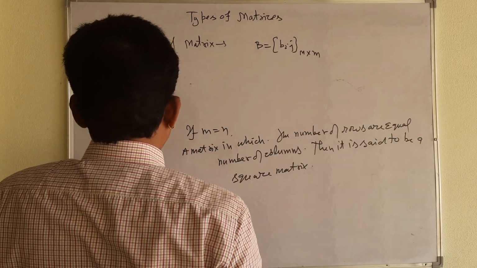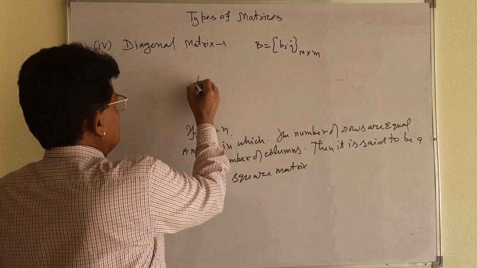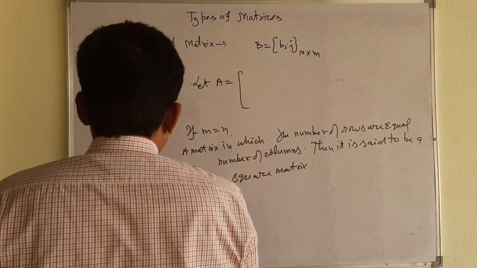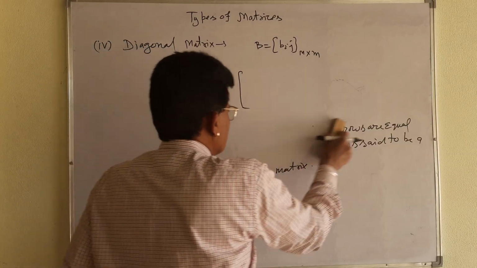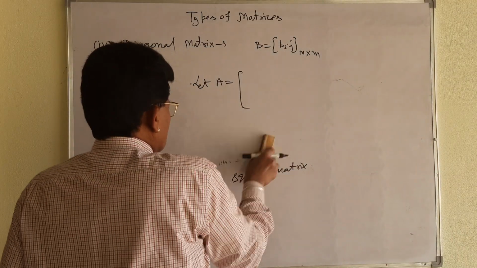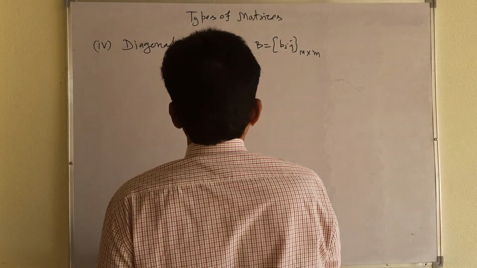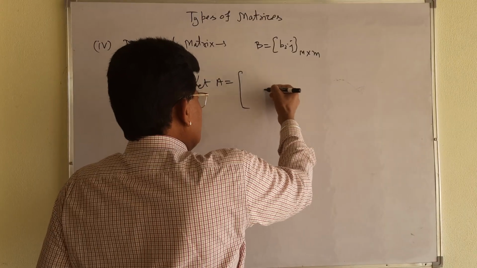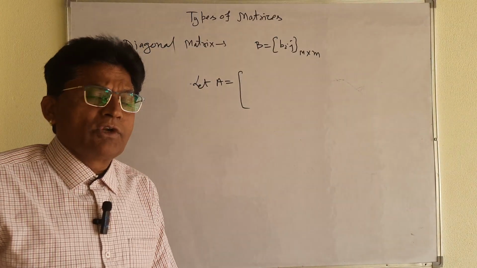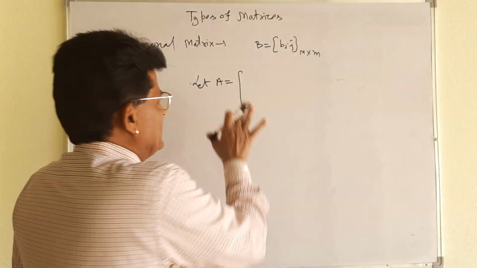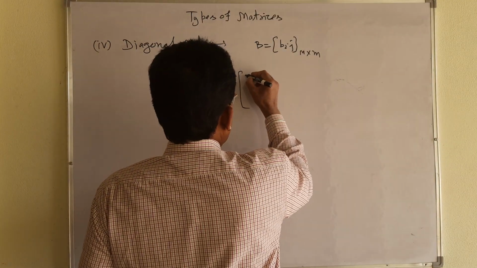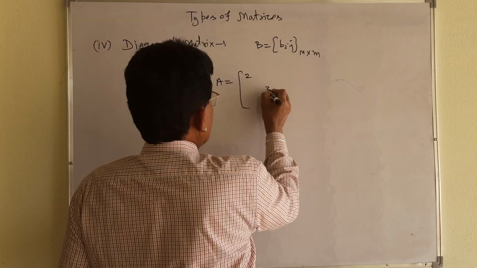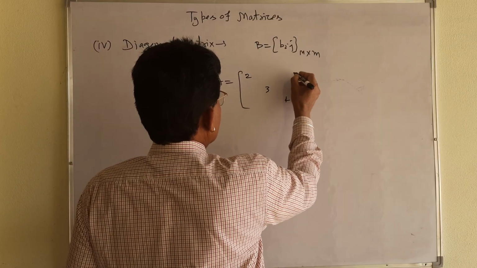Let me take the example first. My dear student, you must keep in mind the diagonal. Diagonal elements will be non-zero. Any diagonal elements you can write. Suppose 2, 3, and suppose 4.